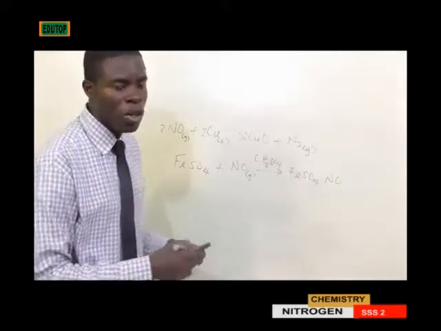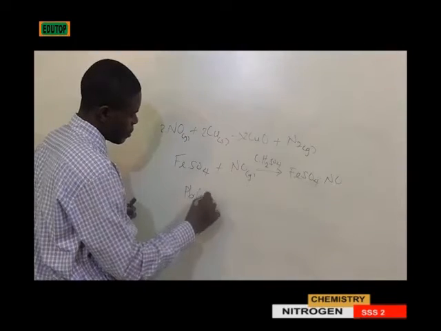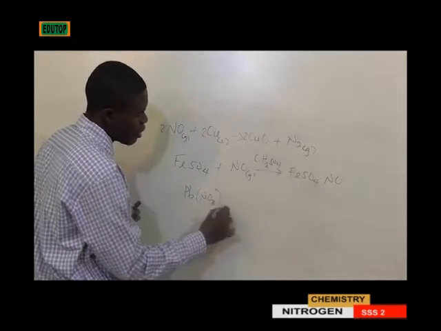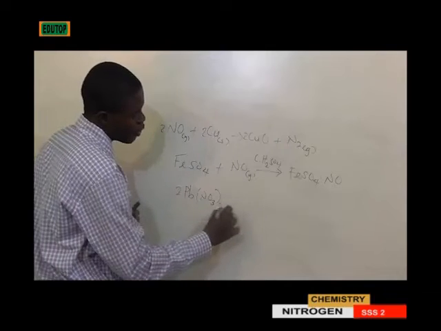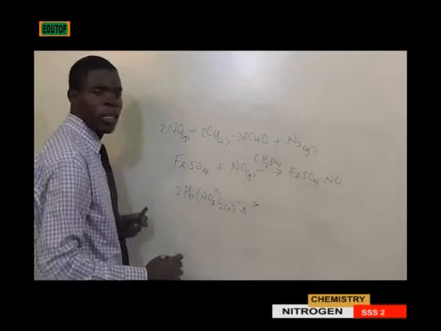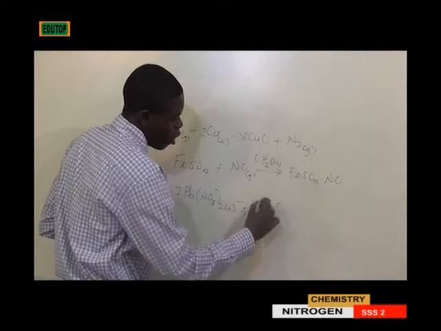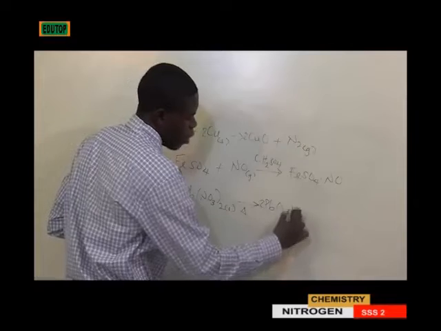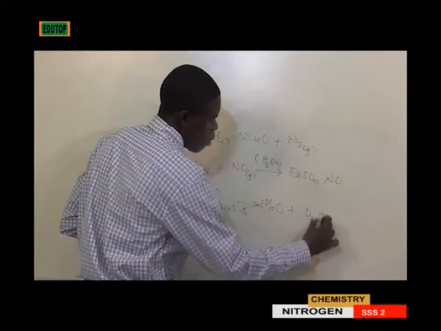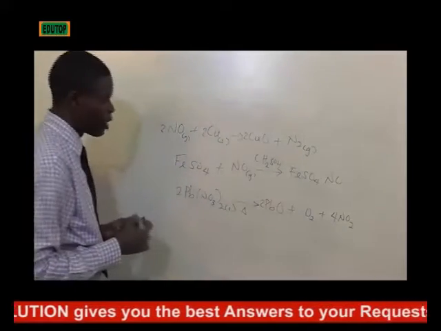The reaction to justify this: 2 moles of lead nitrate solid, when heated, generates lead-2 oxide plus oxygen plus 4 moles of nitrogen 4 oxide.